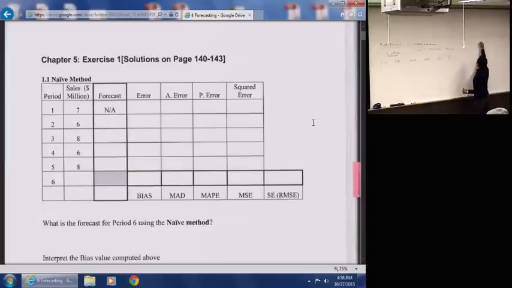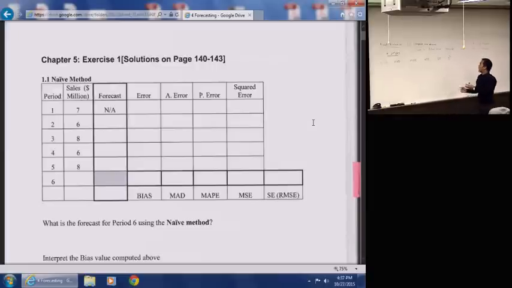Whereas if your error is negative, your actual value is less than the prediction, so you are overestimating. That's the sign of the error: positive means you're underestimating, negative means you're overestimating. So that's for the error.